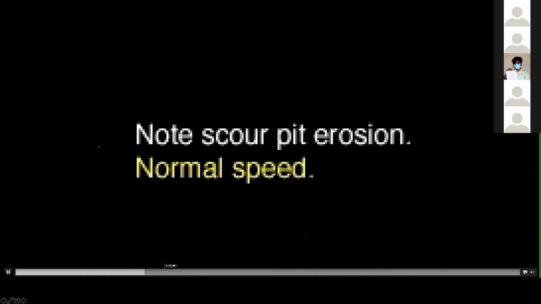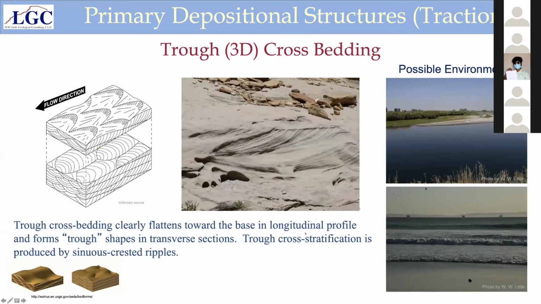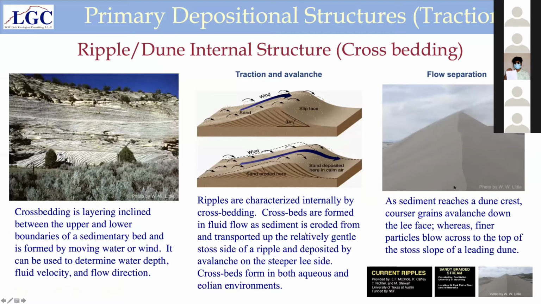Let's see. I'm going to skip that middle one there for time. The picture on the right. Another, and you probably saw this in that video as well, another characteristic of these dunes is there tends to be up here along the crest of the dune what we call flow separation.